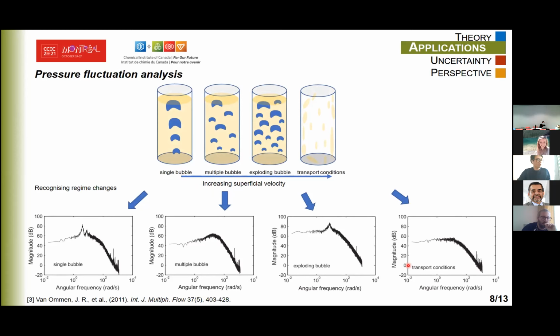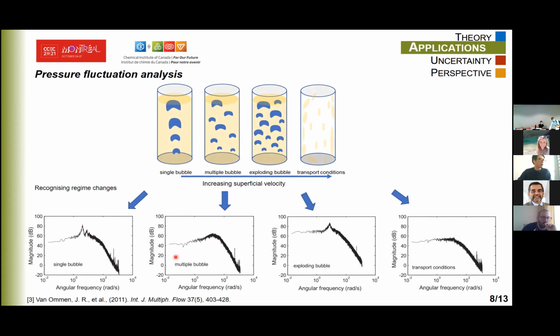The figure below shows the corresponding power spectrum of the 4 different bubbling regimes. For the single and exploding bubbling regimes, these two graphs show it behaves like an underdamped oscillator. You have these clear peaks in this frequency range.